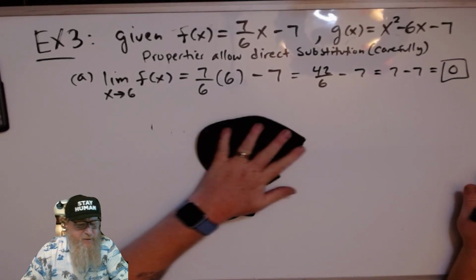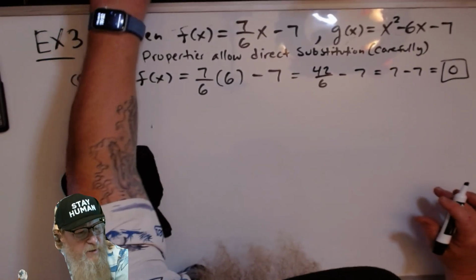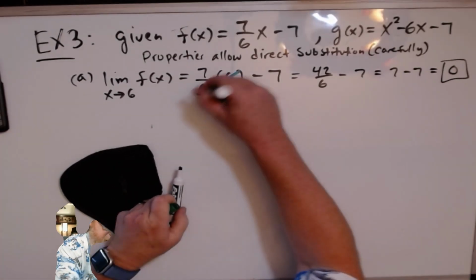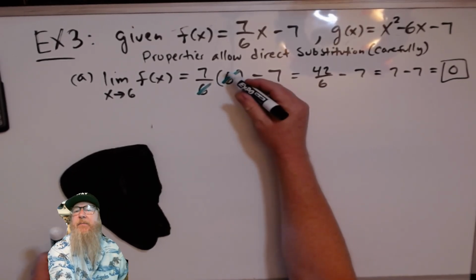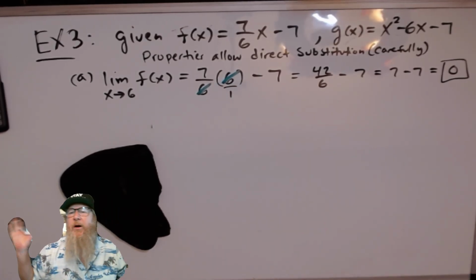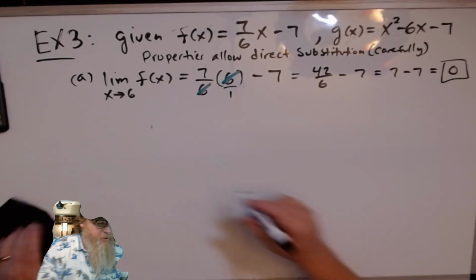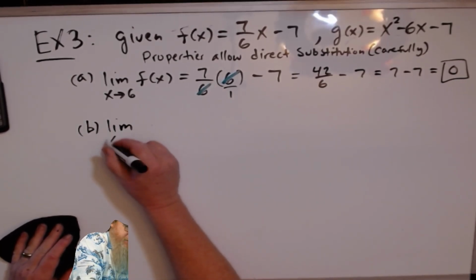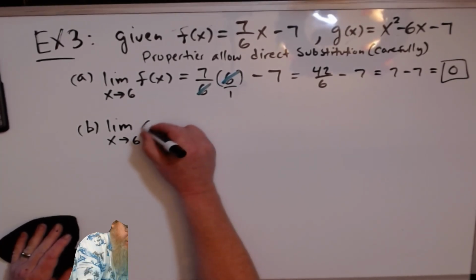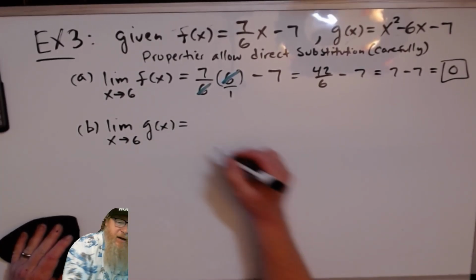I guess another way to do this, if you're an algebra master, you could have just canceled the 6's. But be careful. That 6 is not in the bottom. It's in the top. It's technically 6 over 1. Again, I get carried away with my algebra, and I've graded a lot of papers in my time, and that's where all the mistakes lie.